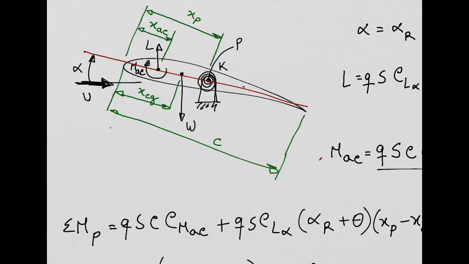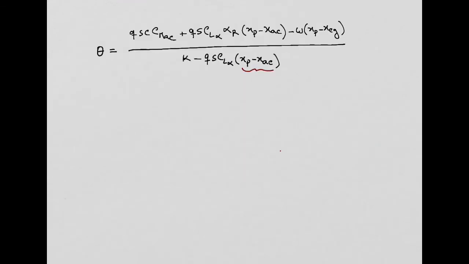So if, for example, my aerodynamic center is here, that angle theta can never go to infinity, right? So we will not have divergence. But the most common situation is when our aerodynamic center is in front of our pivot point. And in that case, this xp minus xac is positive.